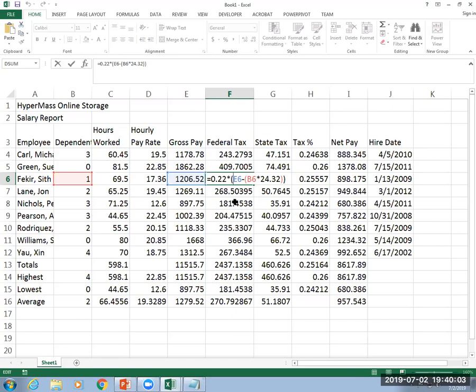And what the range finder does is show you all of the things that are being used. So again, 0.22 times blue. Well, blue is E6, that's the right thing. Minus the quantity, and the quantity in red is B6, and the red guy is B6, times 24.32, so that's correct.